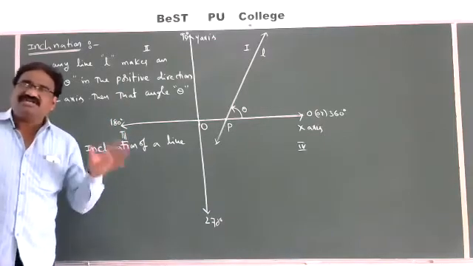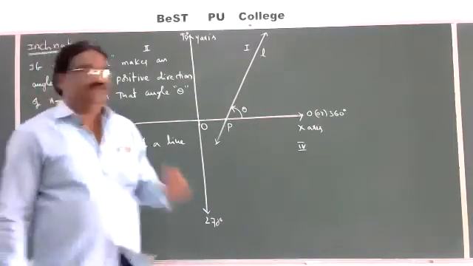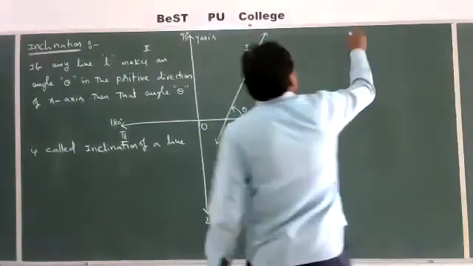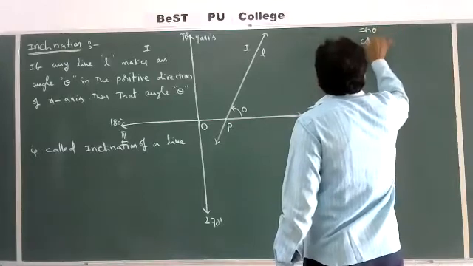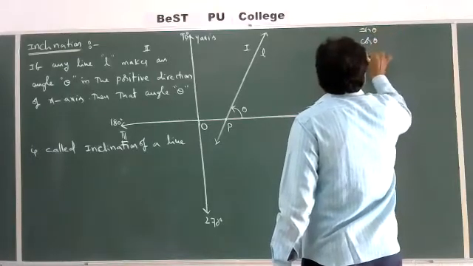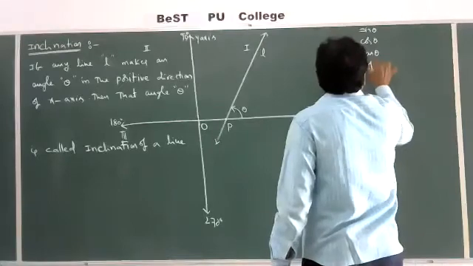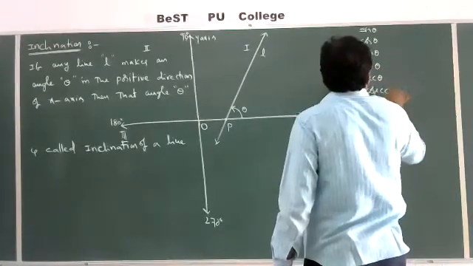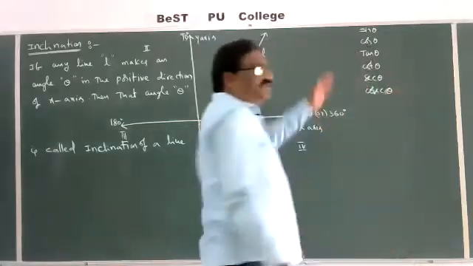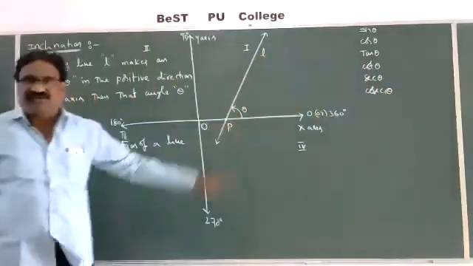You know, in trigonometry, there are 6 trigonometric functions: sine theta, cos theta, tan theta, cot theta, secant theta, and cosecant theta.